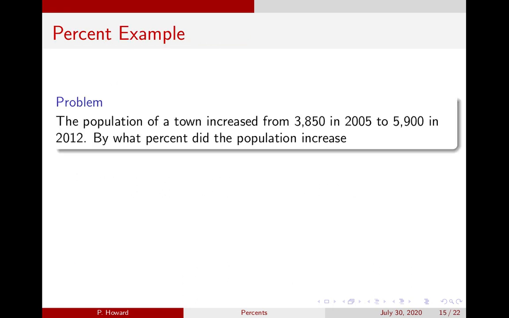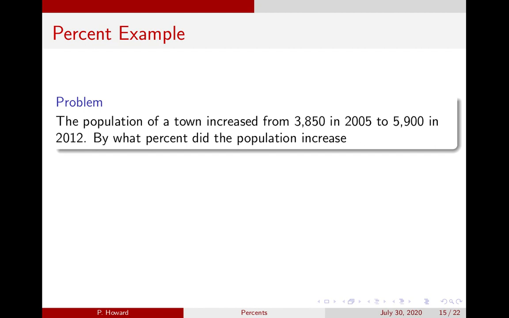Okay, so let's try this problem. The population of a town increased from 3,850 in 2005 to 5,900 in 2012. By what percent did the population increase?